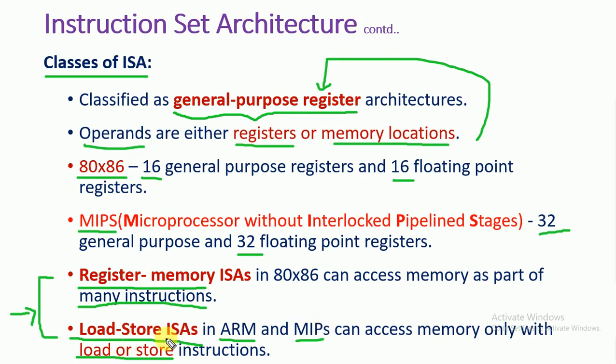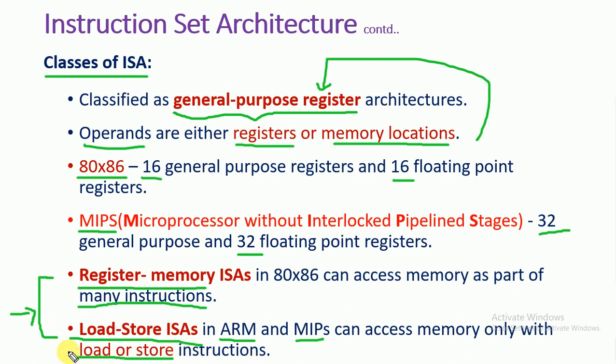For memory access we should use a load or store instruction, but in register memory ISAs any instruction can directly access memory. As part of the instruction we can directly access the memory or register, but for ARM and Mips architecture we should use load for loading from the memory and store for storing into the memory.